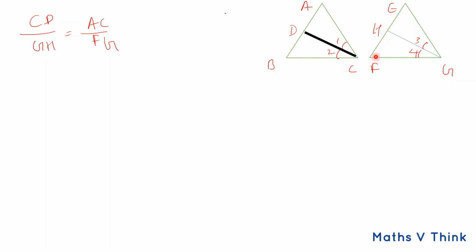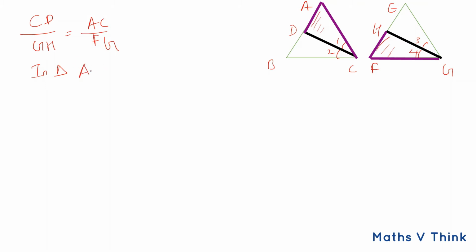Now we'll do the first part of the proof. The first part is CD by GH is equal to AC by FG. I need to take this triangle and this triangle. In triangle, I need to write the triangle name in proper order.